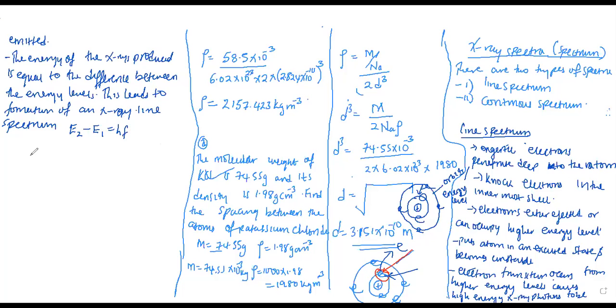If E2 is the energy level up here, where the electron made a transition from to come to E1 to fill the vacancy left, then the transition has been accompanied by a change in energy. So the change in energy is equal to hf.